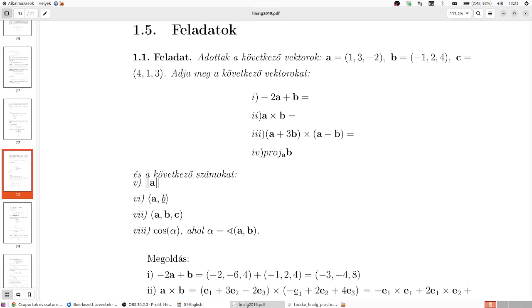Okay. So first, I have to calculate the scalar multiplication of the A and B. It's nothing more than multiplying the components and add together. B, I have to start.